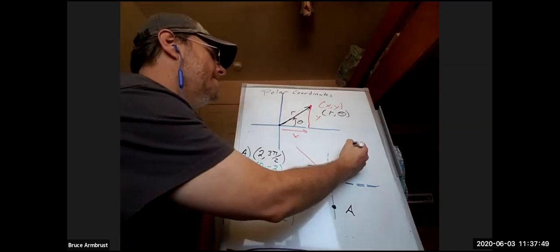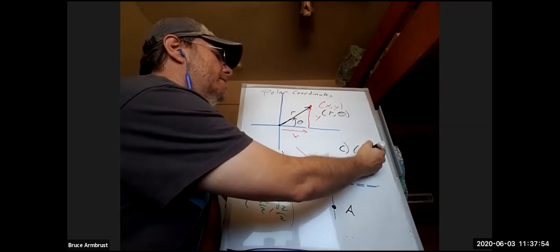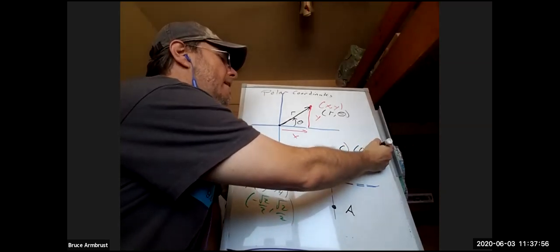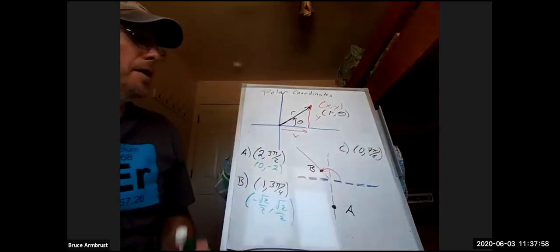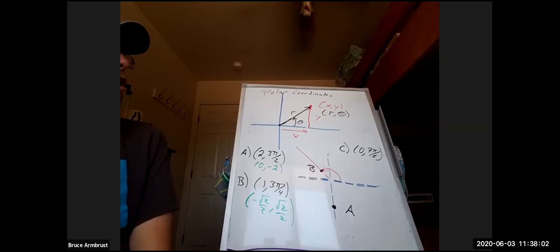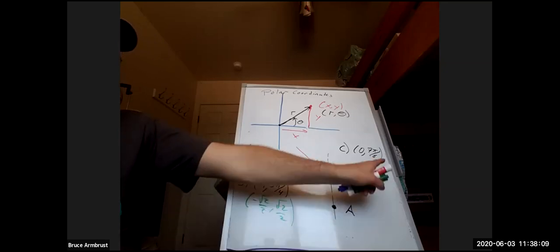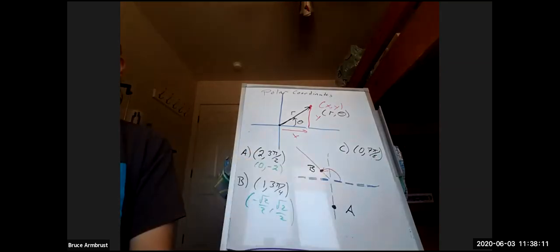So let me give you another one here. Let's call this guy point C. And let's go 0, 7 pi over 6. All right, so again, that's an R and a theta. It's a distance and a direction. So we're going to go in the direction of 7 pi over 6, and we're going to go 0 steps.